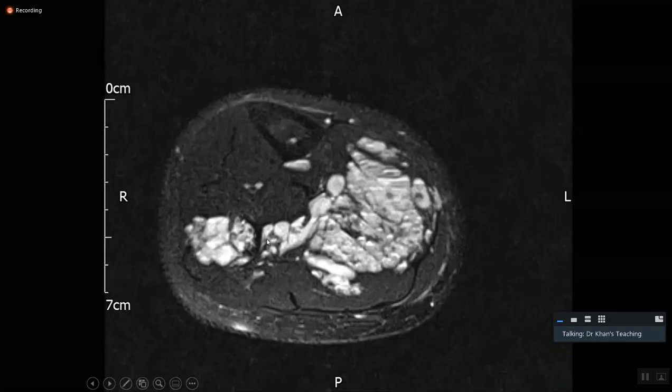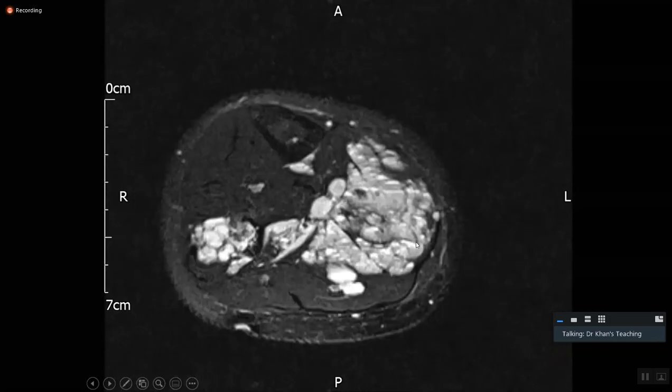Okay, just stop here, please. Anything come to your mind? What is happening in this region? Given that it's serpiginous, there were what I thought were phleboliths, and in continuation of the vessels, I think this may represent a vascular malformation. Okay, please continue.